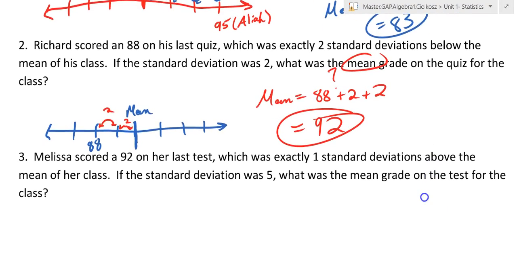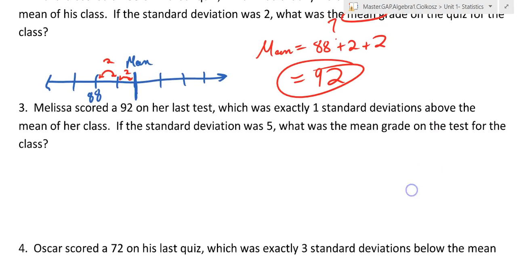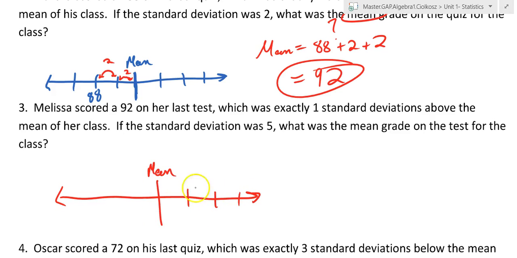Here, we have Melissa scored 92 on our last test, 1 standard deviation above the mean. Standard deviation of 5, and yet again we're figuring out that mean. So here's my mean, again drawing that longer line. 1, 2, 3. 1, 2, 3.